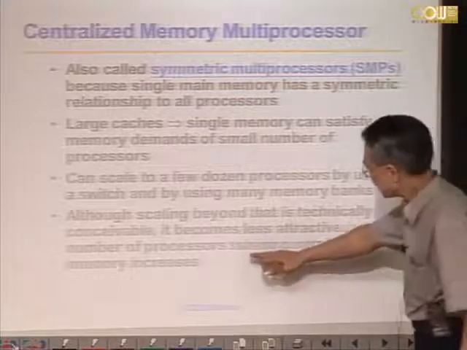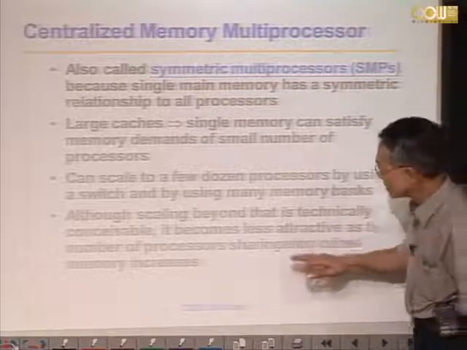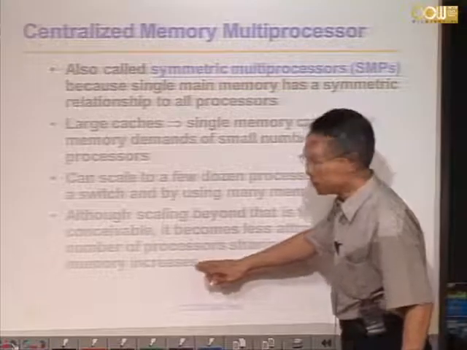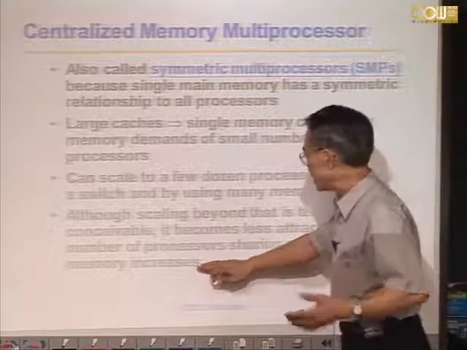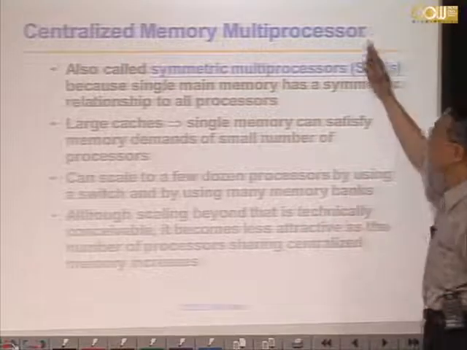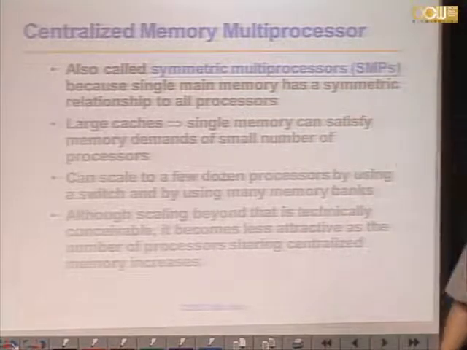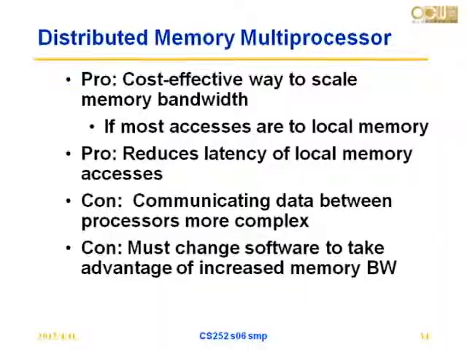As the number of processors sharing centralized memory increases beyond 30 or 40, this design becomes unattractive.